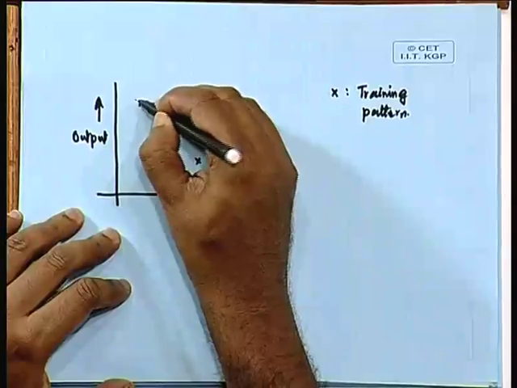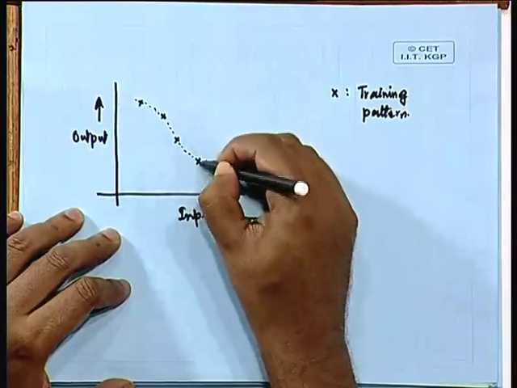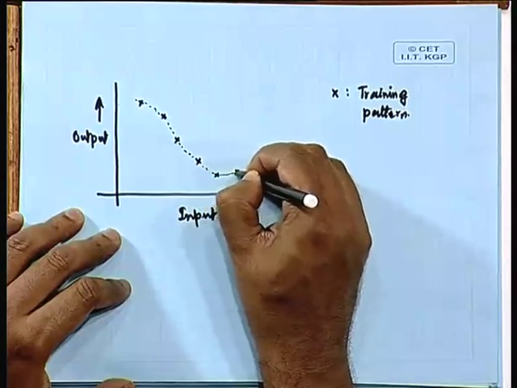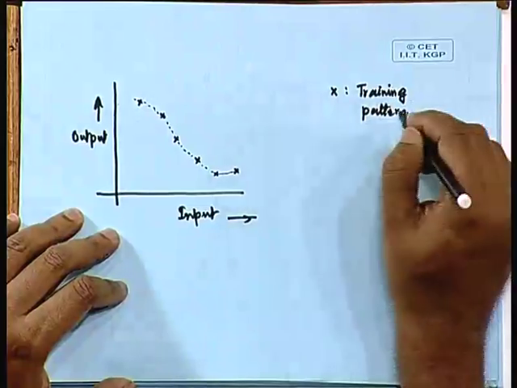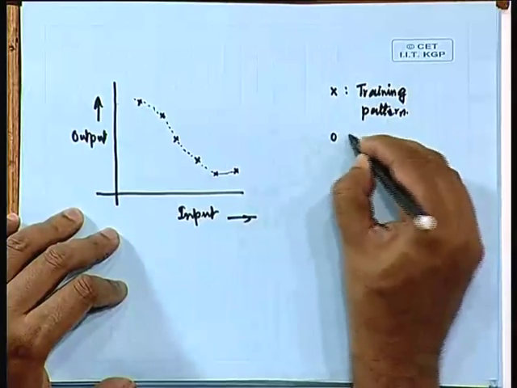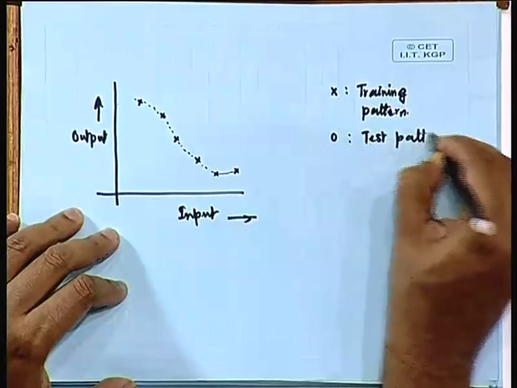Essentially, neural network training is nothing but a curve fitting problem. So we fit a curve like this. If it is a good fit, then we should be expecting a curve like this.